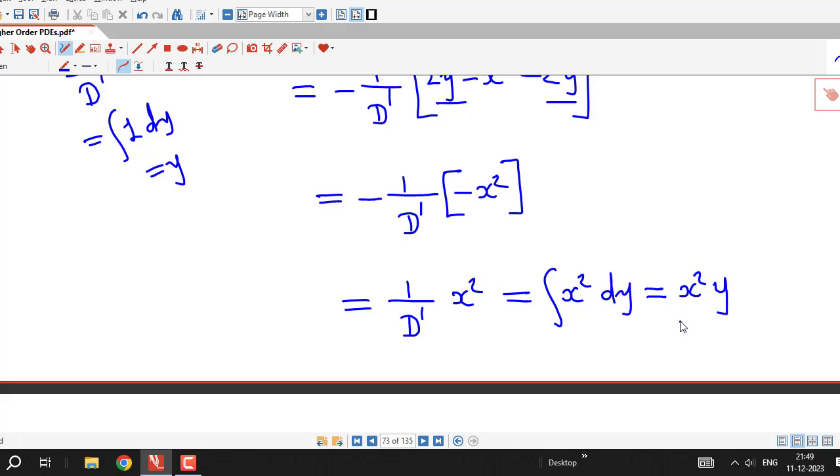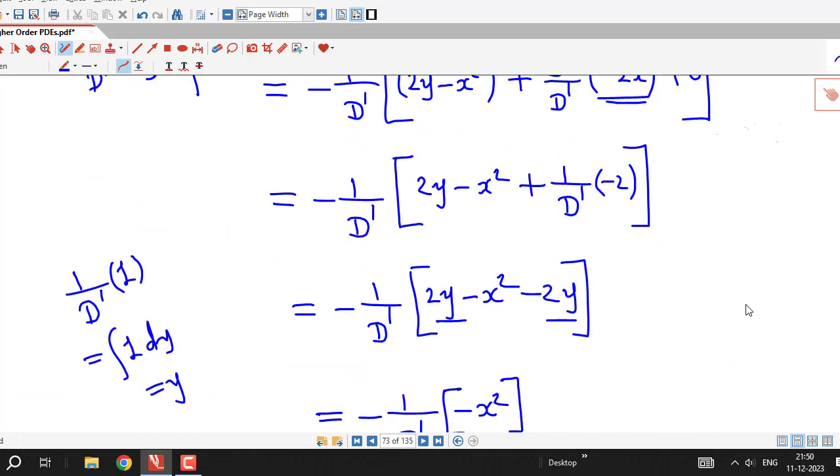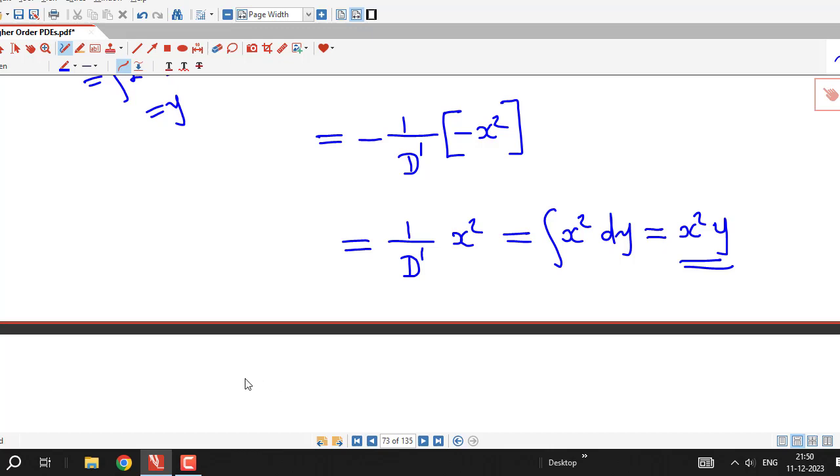So this is now free from capital D and D dash, that means that is our particular integral. So the particular integral is nothing but x square times y.